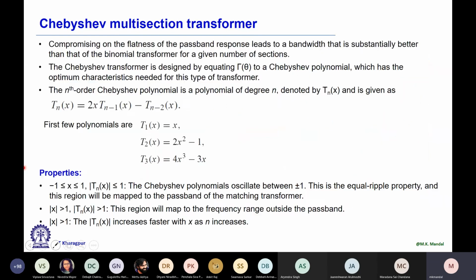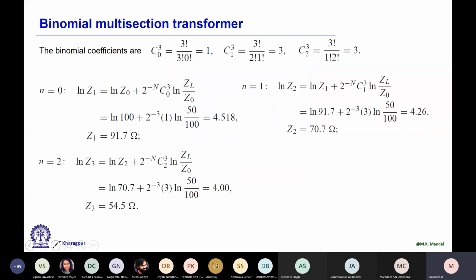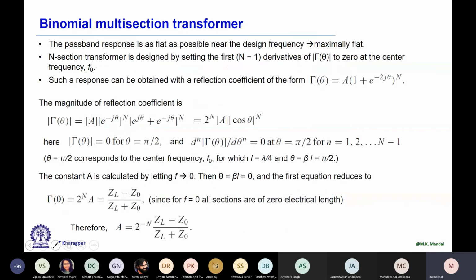This is for the Chebyshev case. But for the binomial case, it is almost flat. N represents the number of matching sections. As you keep on increasing them, we get wider and wider bandwidth, and it looks flat. So this is the advantage of the binomial multi-section transformer. It provides a maximally flat response.